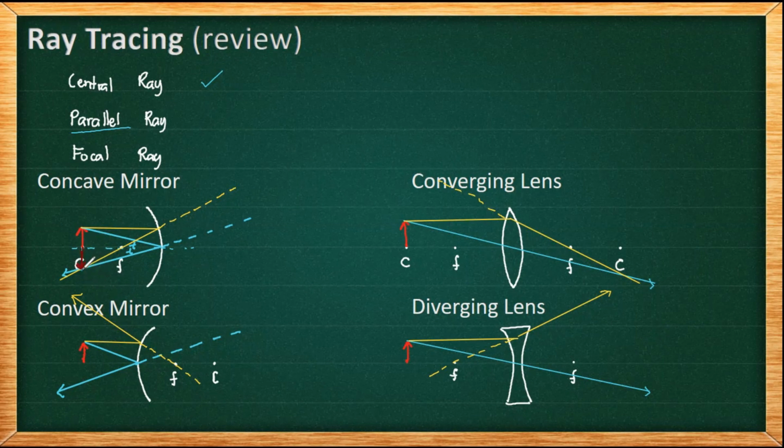Again, because we have an intersection at this point. For the convex mirror, the image will be here. Let's change the color to white. This is your image here. For the converging lens, you have your image here. For the diverging lens, you have your image here.